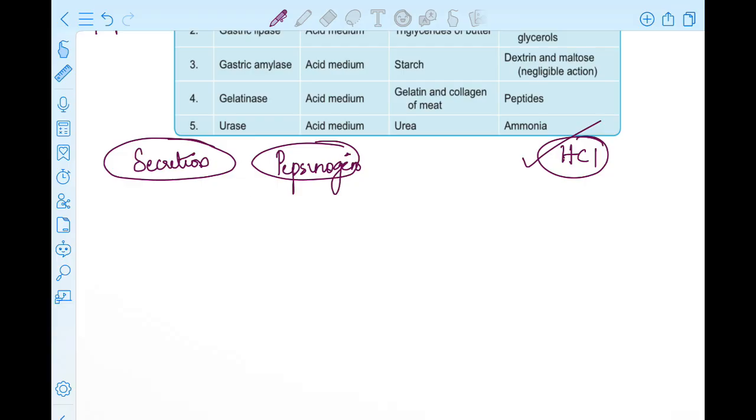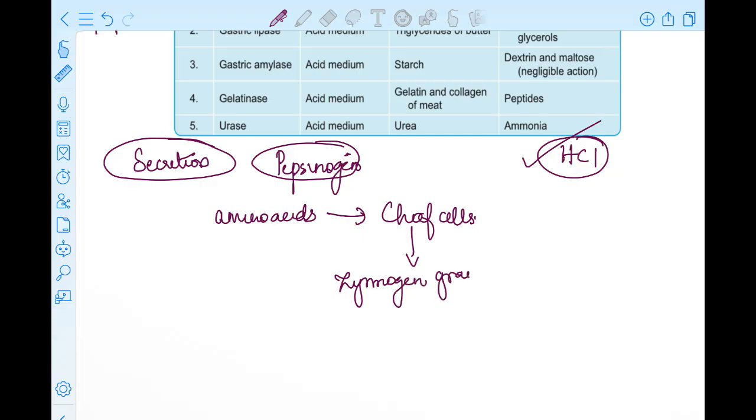So, how is pepsinogen released? Pepsinogen is synthesized from amino acids in the ribosomes of chief cells, and it is packaged into zymogen granules by the Golgi apparatus, and secreted into the stomach lumen.